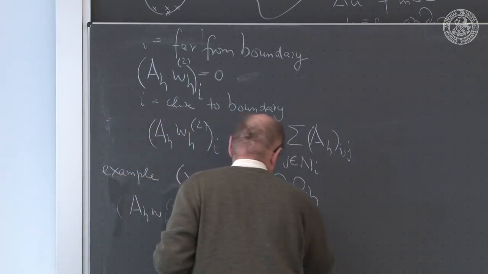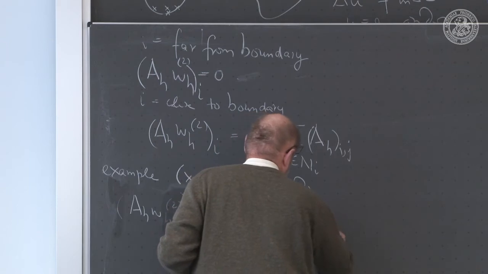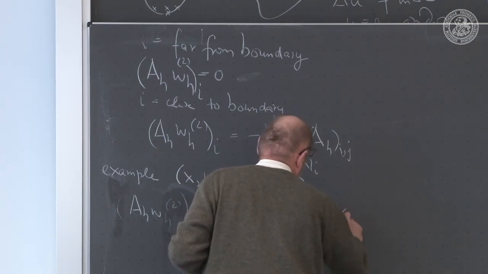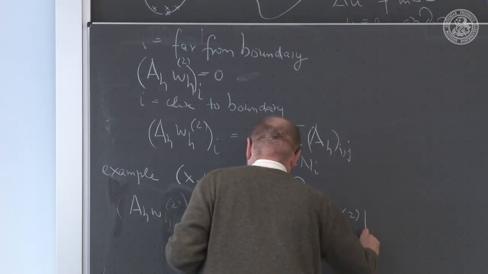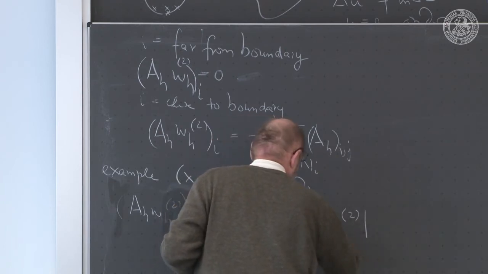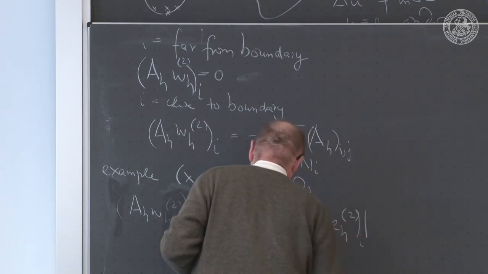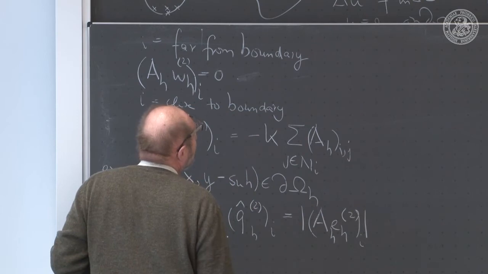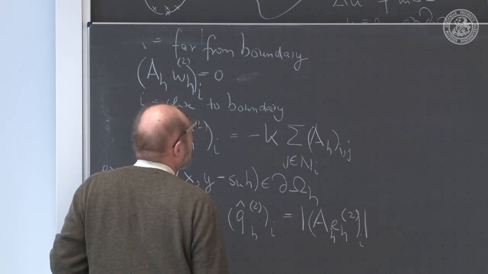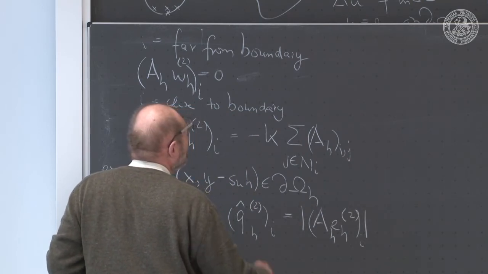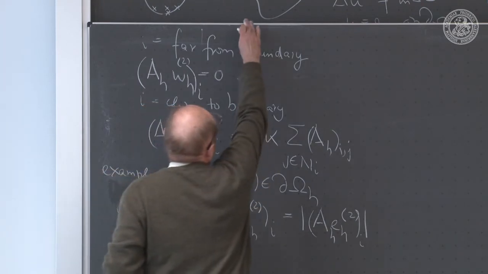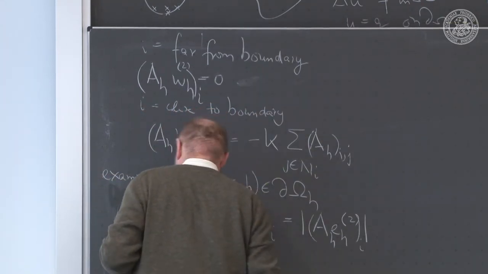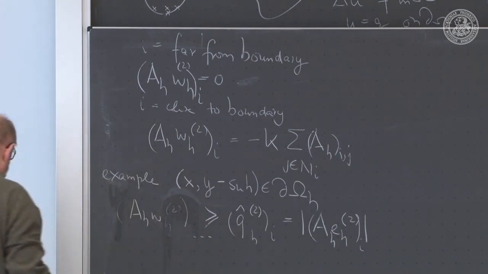And this is by definition, that's the way we have defined the second part of the error. This quantity here. And we can take here the modulus. Why can we take the modulus? Because the Q is a non-negative function. Okay.